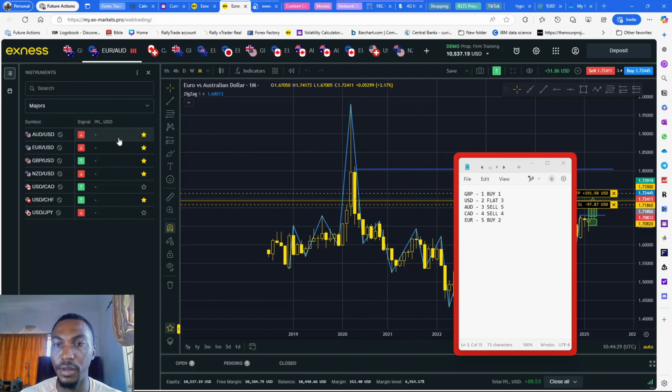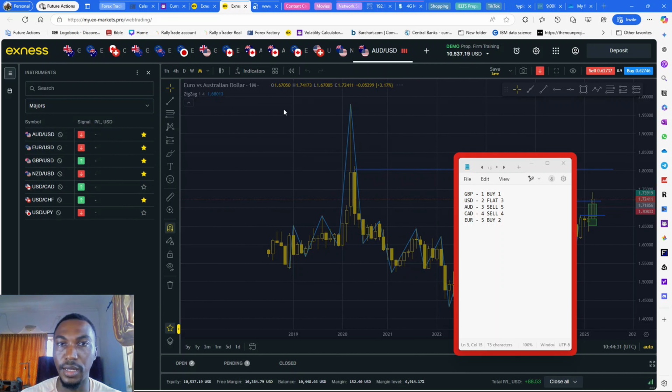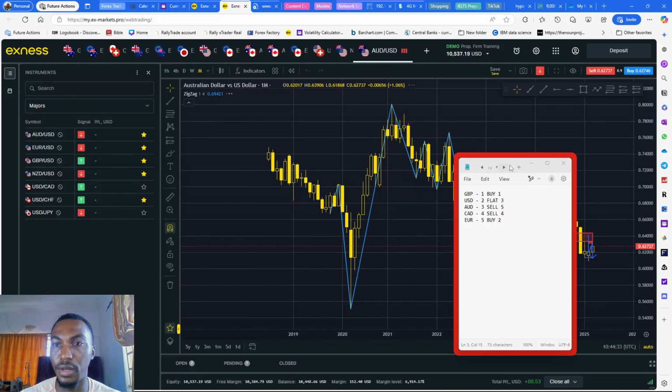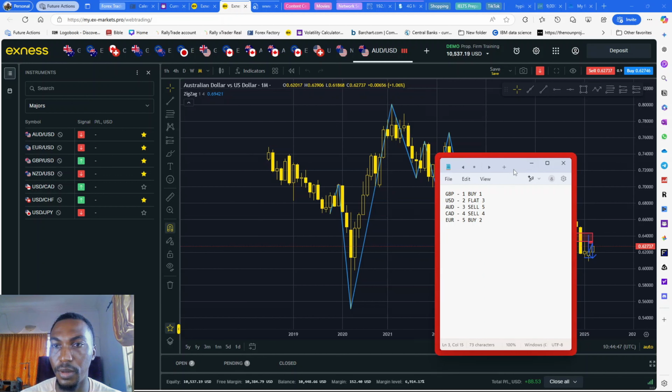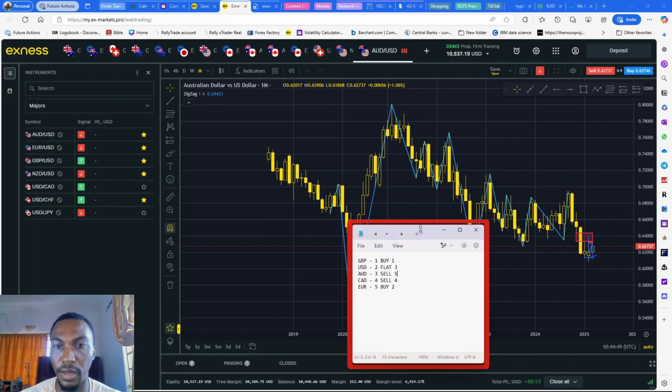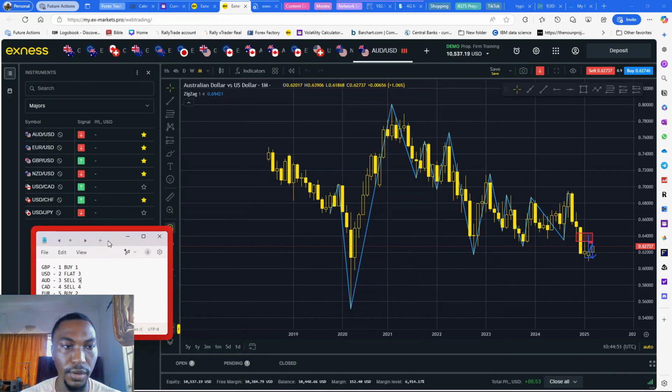The major AUD USD, that's Australian dollar against the US dollar. I think I already had something like this before. Let's see, is it right here? Is the Canadian dollar. Okay, so assuming I didn't have one here before, right? We're going to put this somewhere around here.